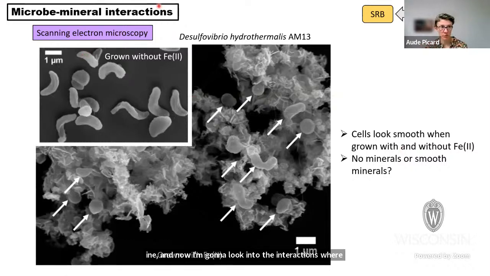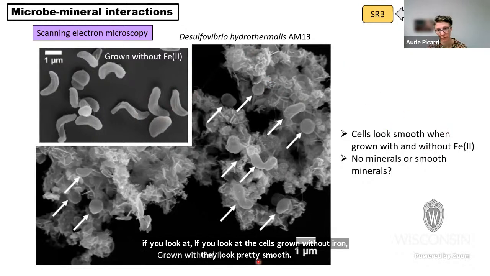To understand microbe-mineral interaction, we can use higher resolution microscopy. These are cells imaged by scanning electron microscopy. If you look at the cells grown without iron, they look pretty smooth, but they also look very smooth when they are grown with iron.